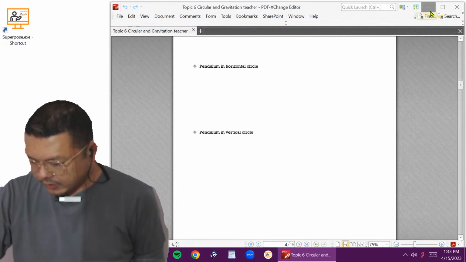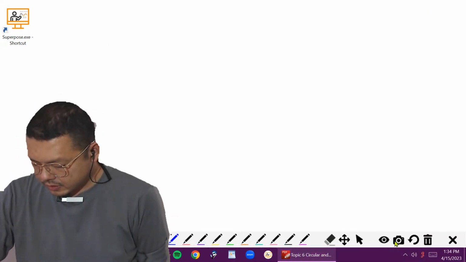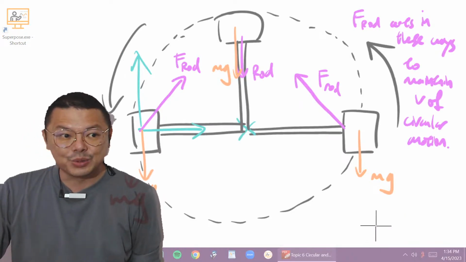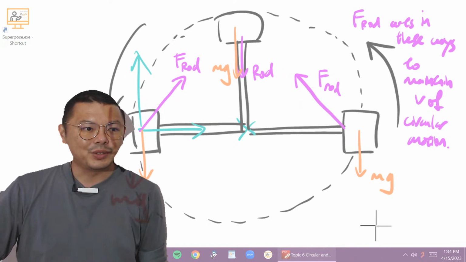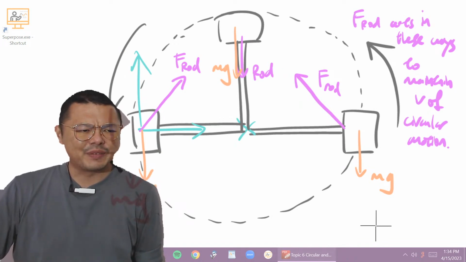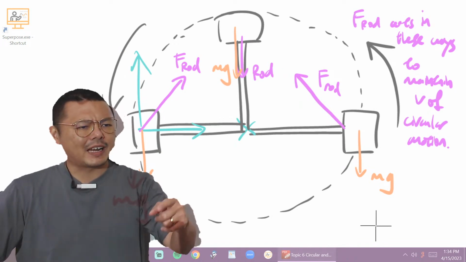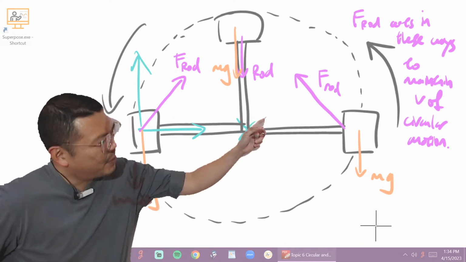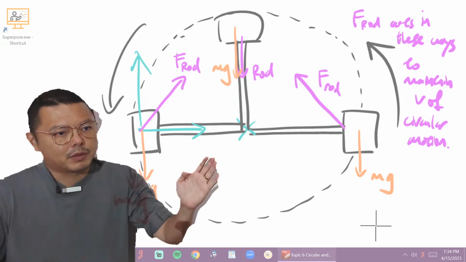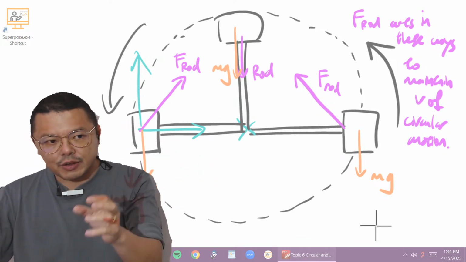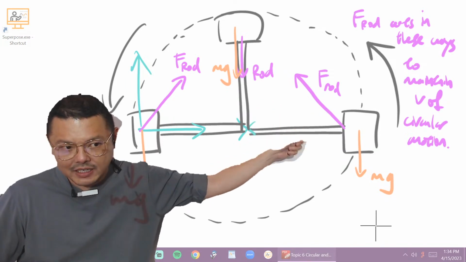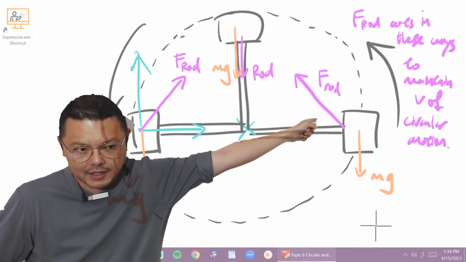Just to remind you, for this one, usually no calculations. I don't know whether they've given you any calculation questions, but I think the IB question itself was like this also. They asked the students where the direction of the force is, and which diagram is correct. So you have to make sure that you understand you're looking at a rigid rod where the speed is constant, and therefore since the speed is constant, the force must be acting like this.